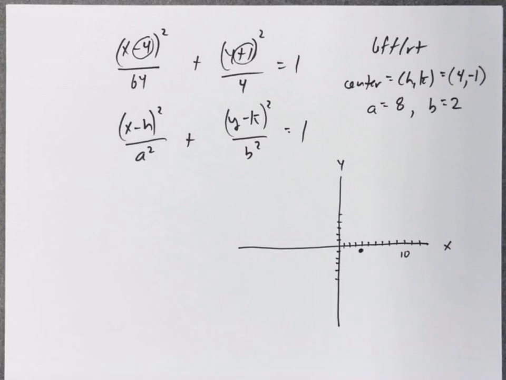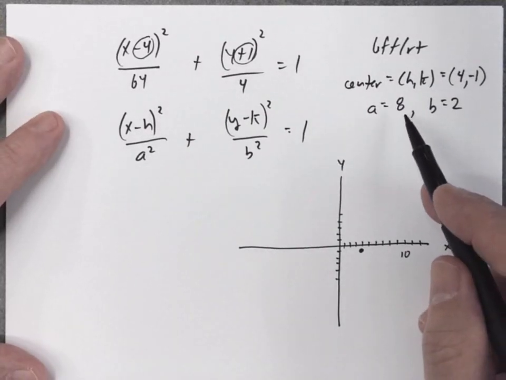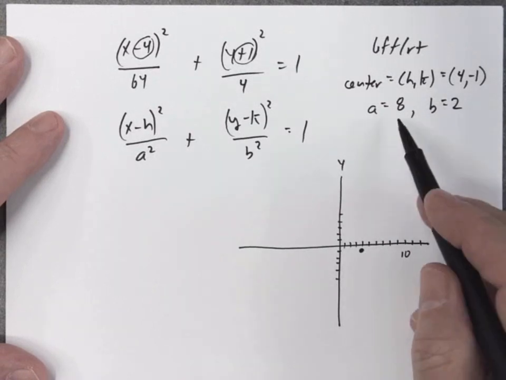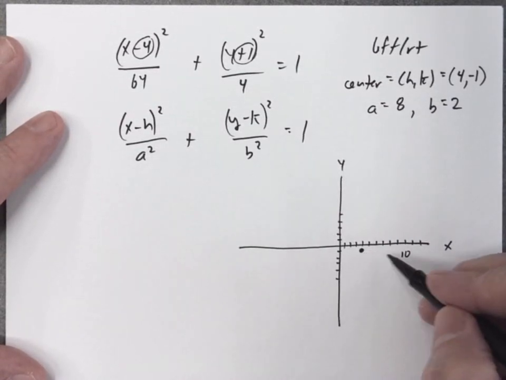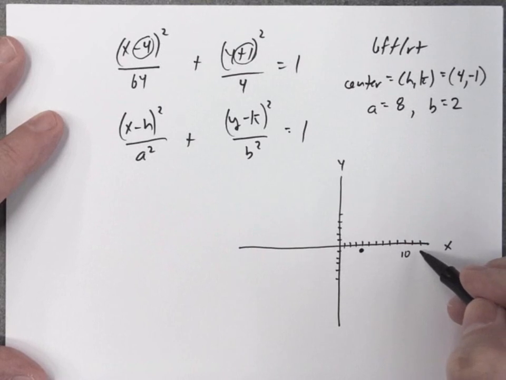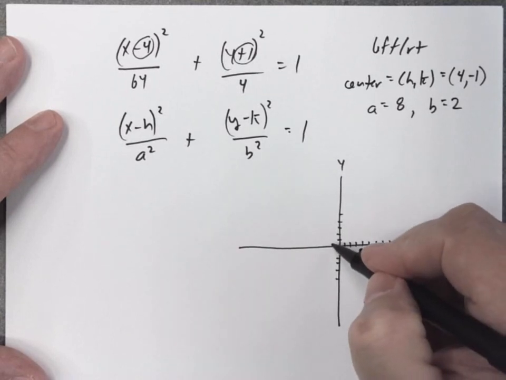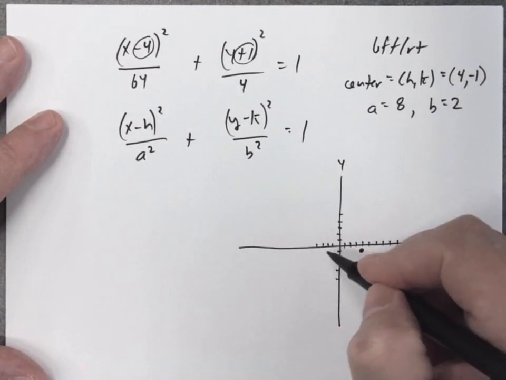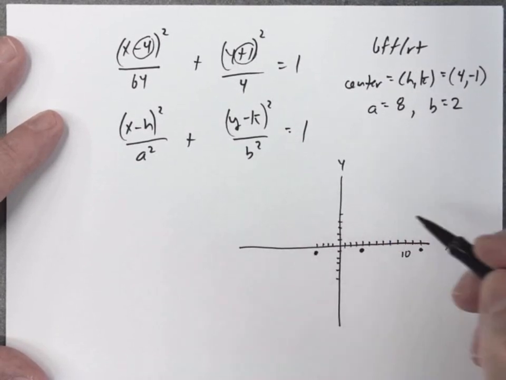So there's the center of the ellipse. Now for my major vertices, I'm going to, from the center, move to the right 8 and then to the left 8. So to the right 8 puts me out here at 12. And to the left 8 would put me at -4.